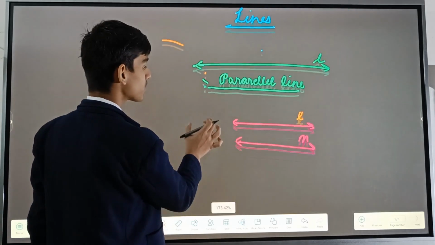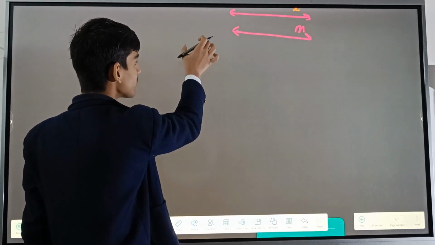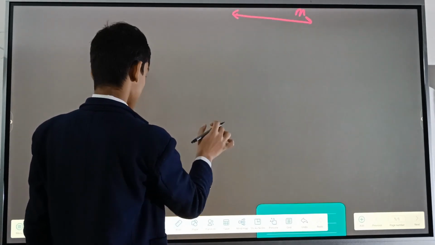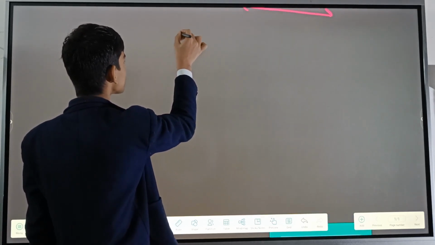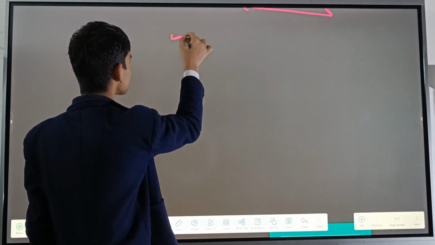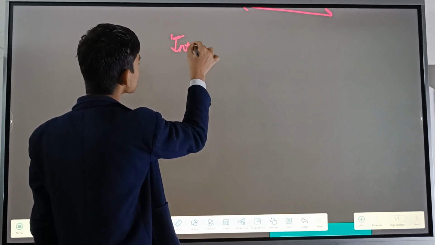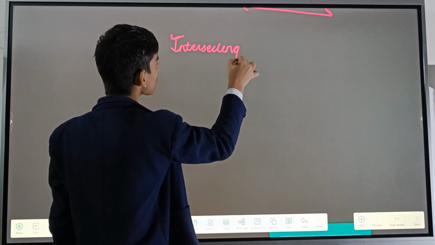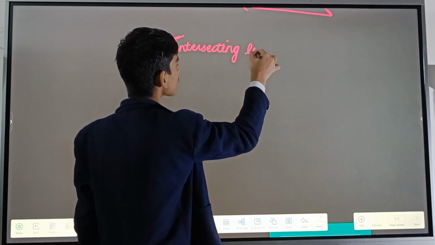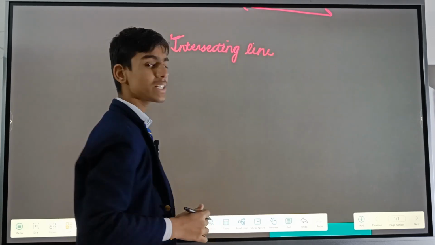Now we proceed to the next line, which is intersecting line. What is an intersecting line?